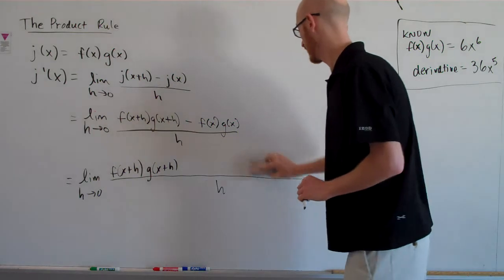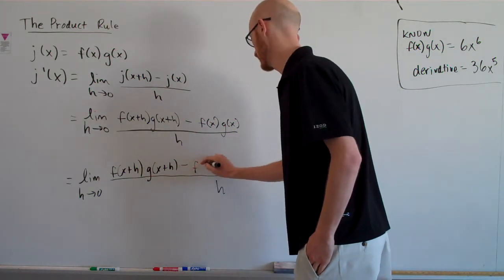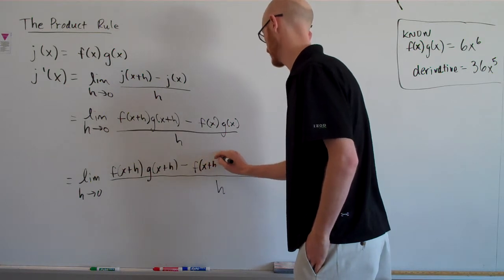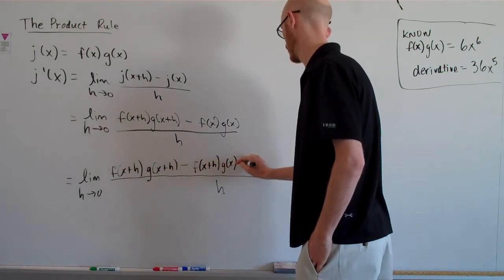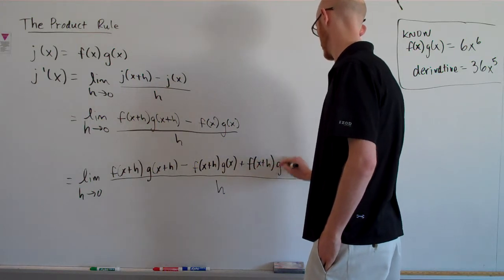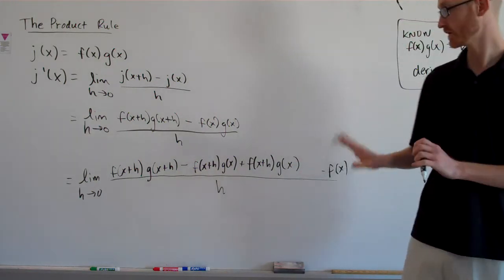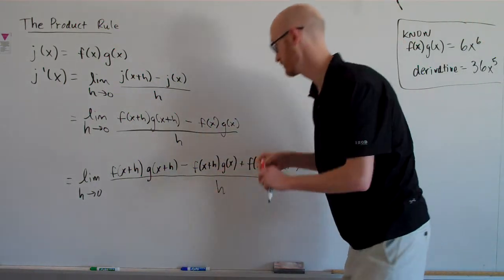Okay, so I'm actually going to do a subtract and an add, and we're going to do minus f of x plus h, g of x, plus f of x plus h, g of x. So again, one thing I'd like you to see here is just looking at these two terms.